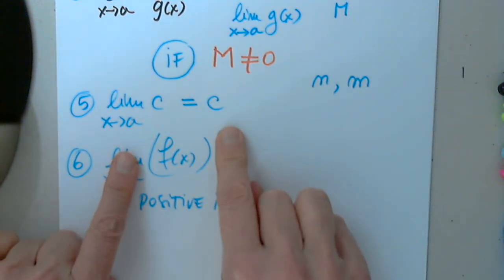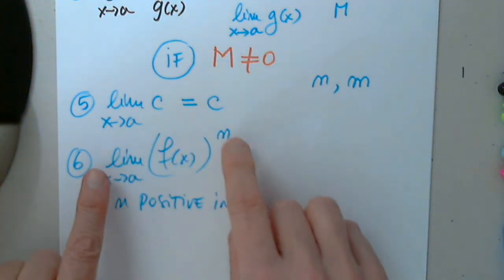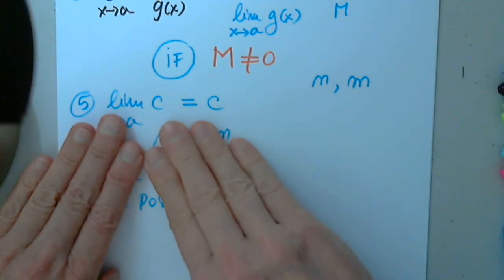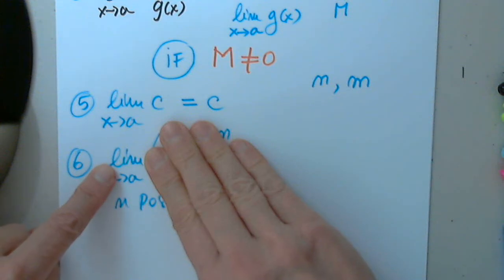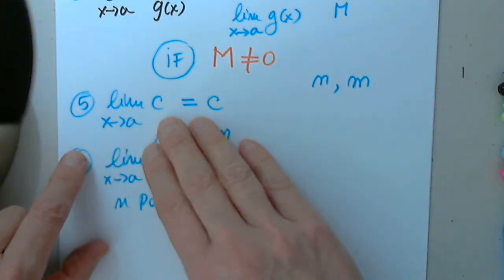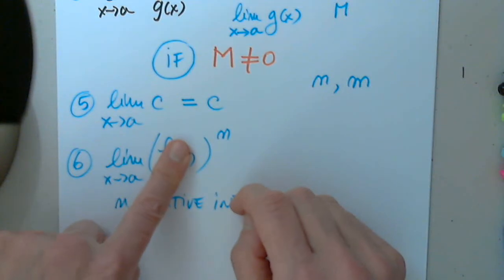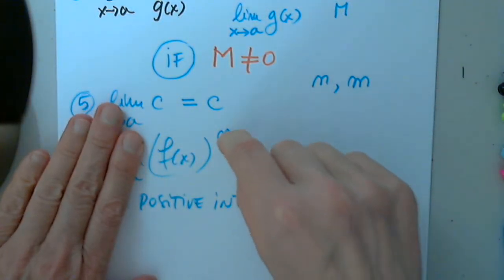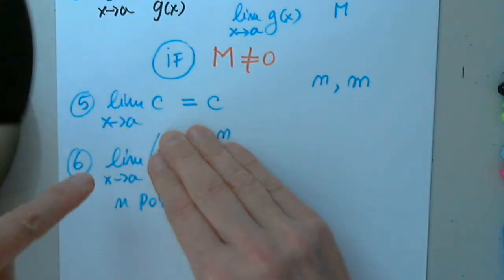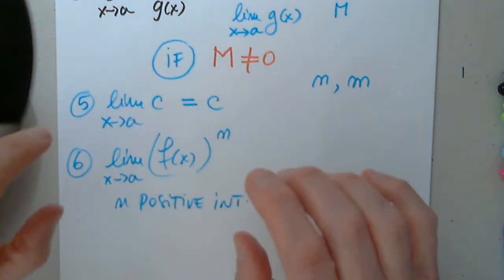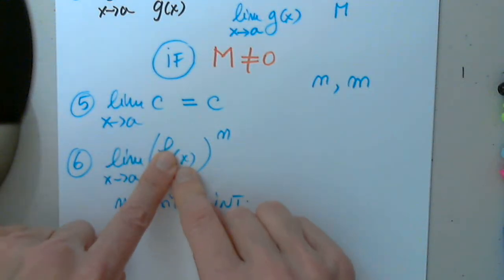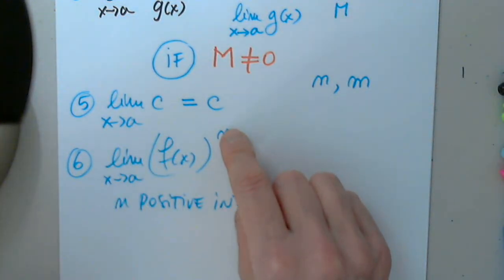I'm allowed to swap these two. See, the power touches the function, and after that, I apply the limit. I can swap the order. I can make the limit touch the function, and then the power is applied last. So right now, the power is applied first, and then the limit operator. But under conditions of continuity, I'm allowed to put the limit inside and the power outside.